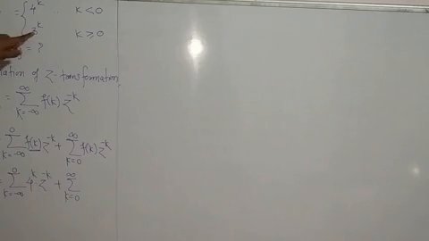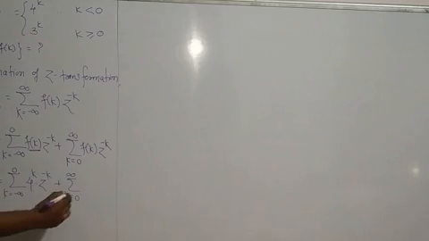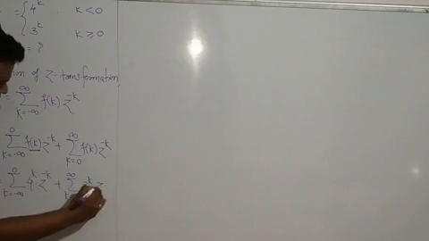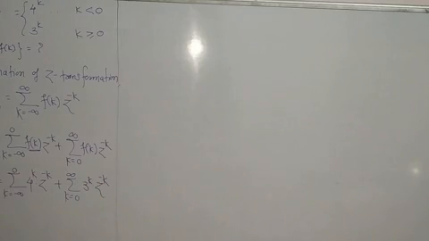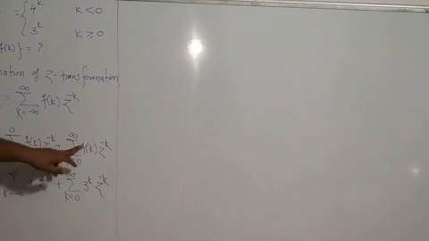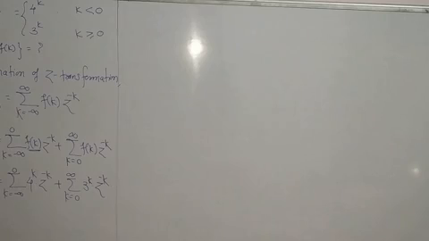For positive it is 3 raised to k, so you have 3 raised to k z raised to minus k. Did you get this part? For negative the function is 4 raised to k, for positive the function is 3 raised to k.